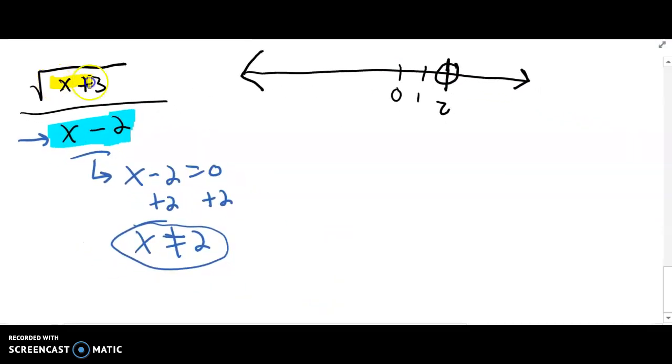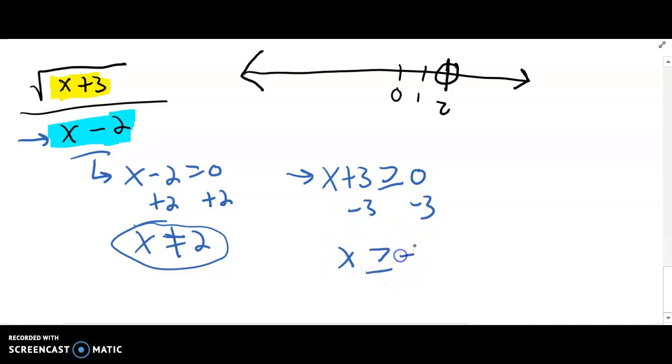So let's analyze the square root. Square roots cannot be negative. So we're going to set it greater than or equal to 0. We solve this. X is greater than or equal to negative 3. Okay, there's our second piece.